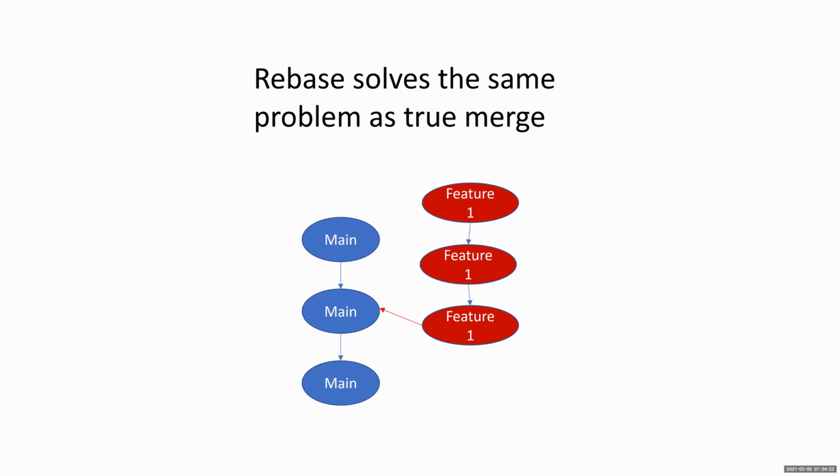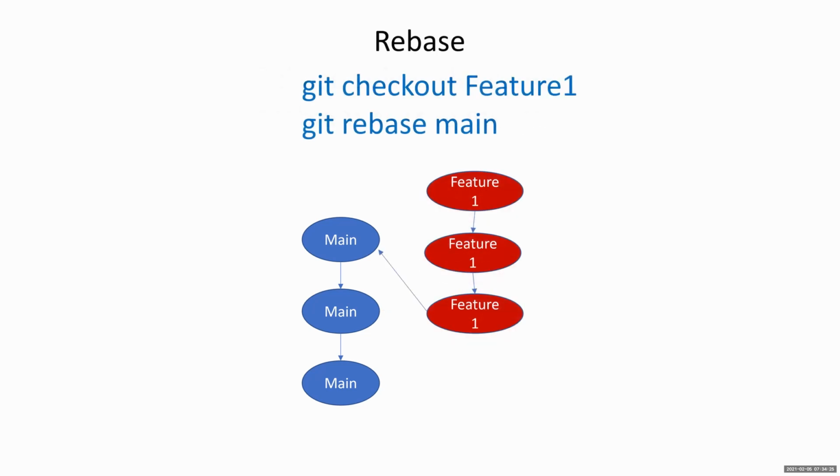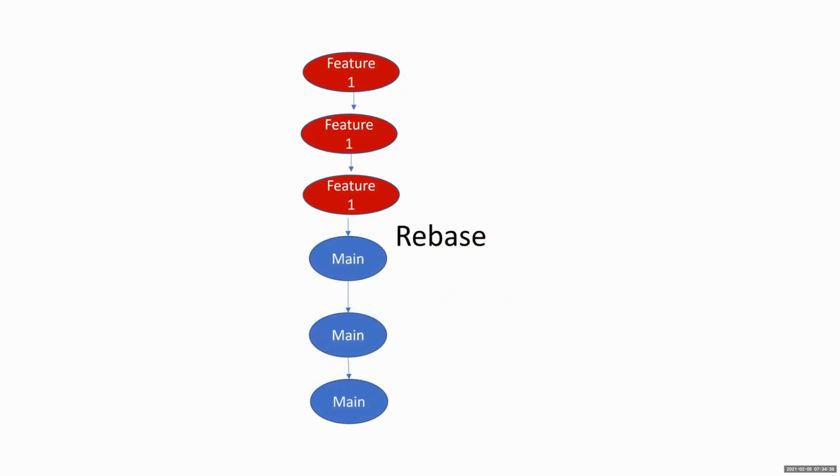So the first thing it'll do is change the pointer, and then it'll make a copy of all of the feature 1 commits. You now have a direct thread that goes all the way up, and rebasing is generally shown as a direct totem pole, but it amounts to the same thing.